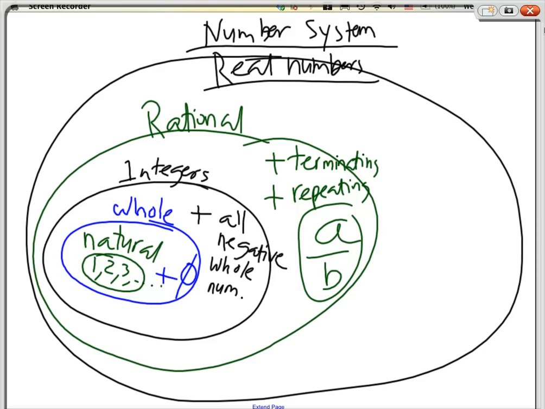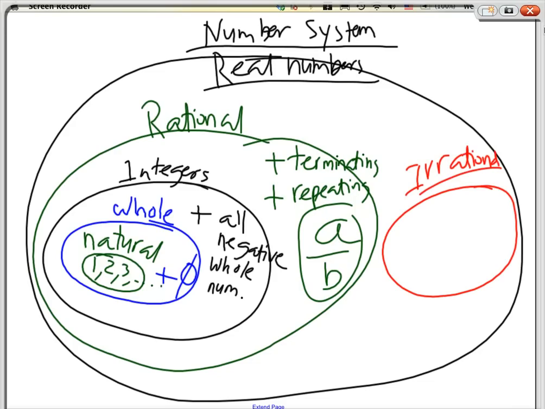So the last set here that I want to introduce to you, which is a set of its own over here on the side, is called irrational. And this side right here is what we call the null fraction zone. Can't write it as a fraction. And I classified that last decimal type. What is that called again? Non-repeating and non-terminating.